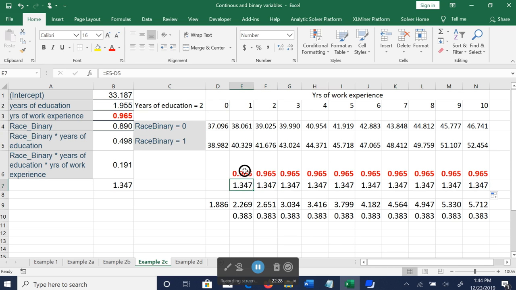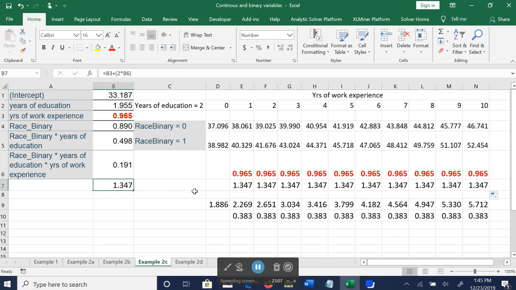And once again, you see that this change in income for this racial group corresponds to this coefficient. Once again, this coefficient no longer refers to years of experience because three-way interaction is involved. And this change in income for this racial group with 2 years of education is about 1300, right?